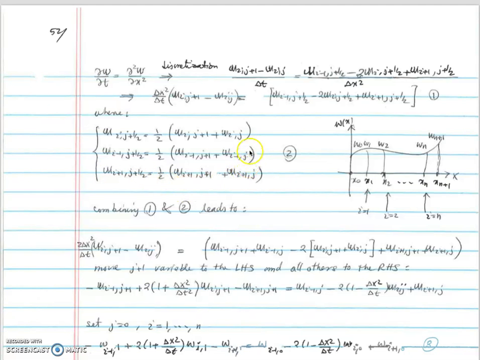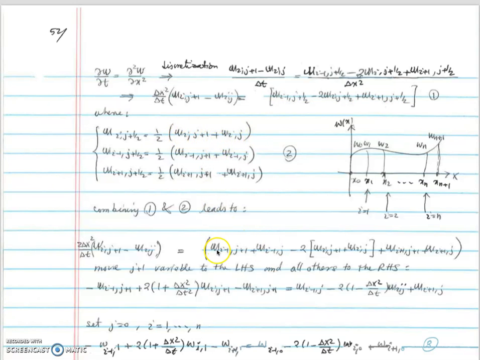Now, if you combine these three equations with equation 1, you can see that on the left side we get del x squared over del t times this thing, as I have here. That is equal to, on the right side, all the j plus half variables now become the average of j plus 1 and j.